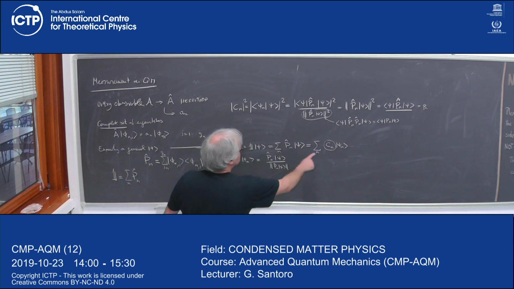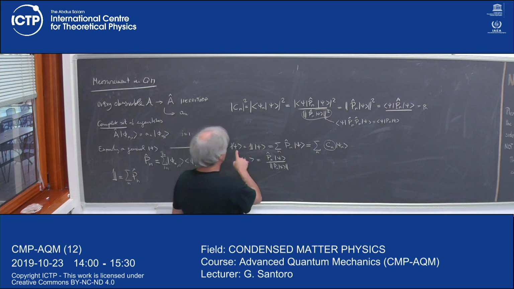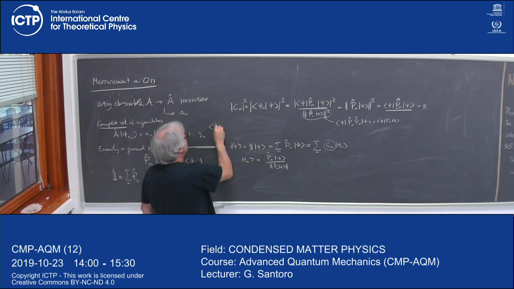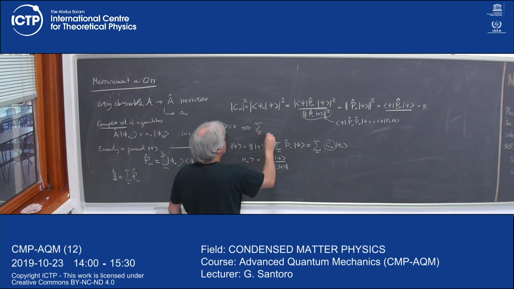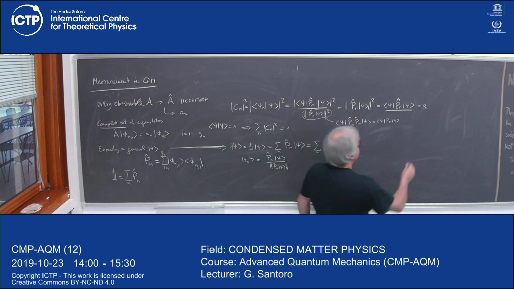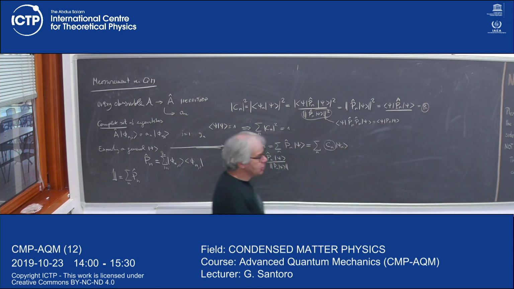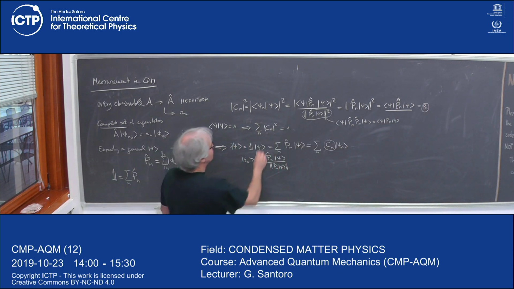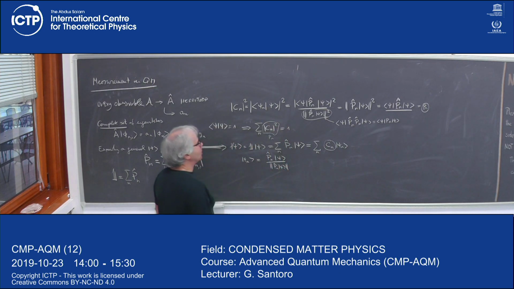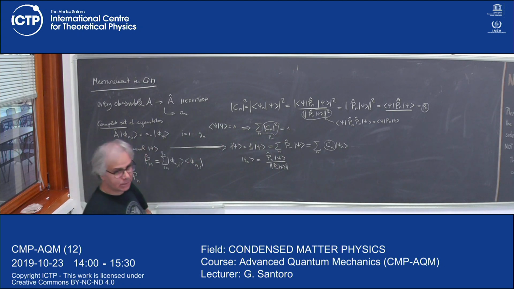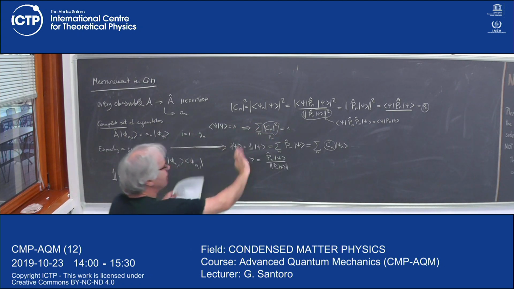Now, the nice thing about this coefficient is that since the state is normalized, since psi is equal to 1, you can immediately deduce that the sum over n of the modulo square of Cn should be equal to 1. So in a sense, it is a legitimate way of saying that this is a probability. It should be a probability because, after all, it's non-negative and normalized to 1. This is preliminary stuff.